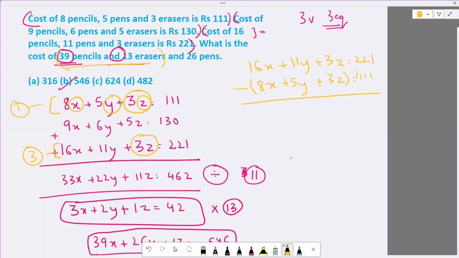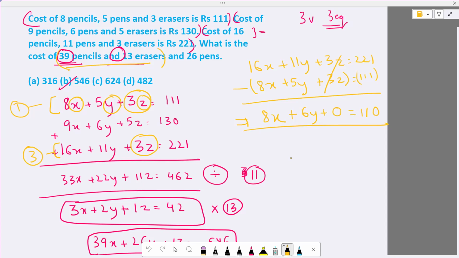When we put a minus here, the minus applies to all the terms. So 3z minus 3z will be 0, so nothing remains there. 11y minus 5y will be equal to 6y, plus we get 8x. So 8x plus 6y plus 0 is equal to 110.